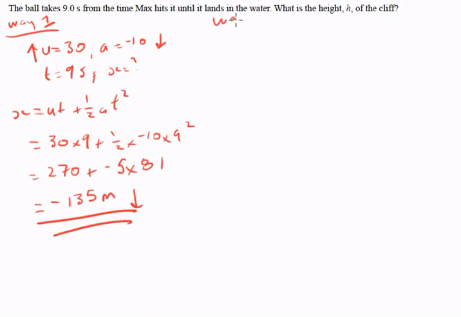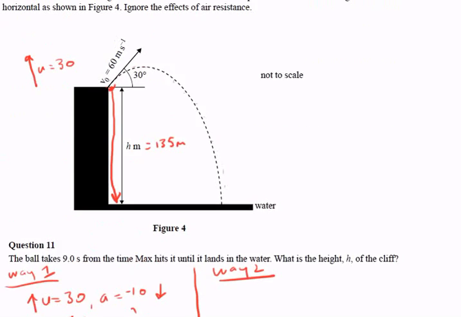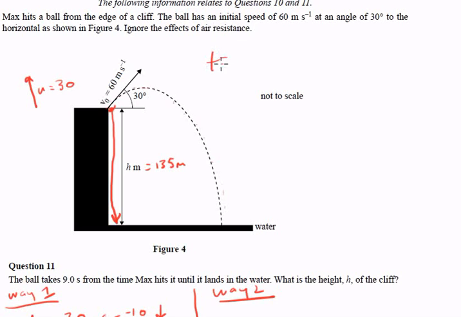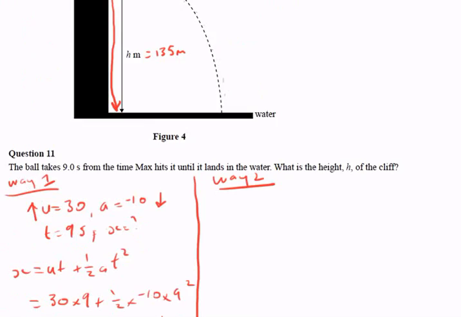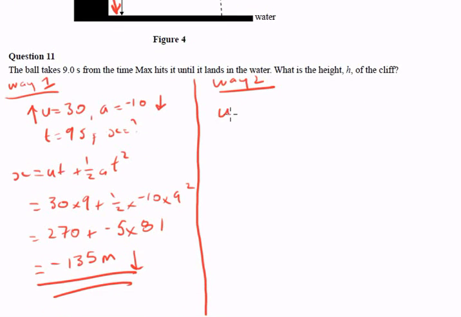Way 2 is going to take a little bit longer, but it's just another way of looking at it. I know it takes 9 seconds. I want to find out what time it takes to get to the top. So we've got u equals 30, t equals question mark, v at the top is 0, and a equals negative 10 because it's downwards.